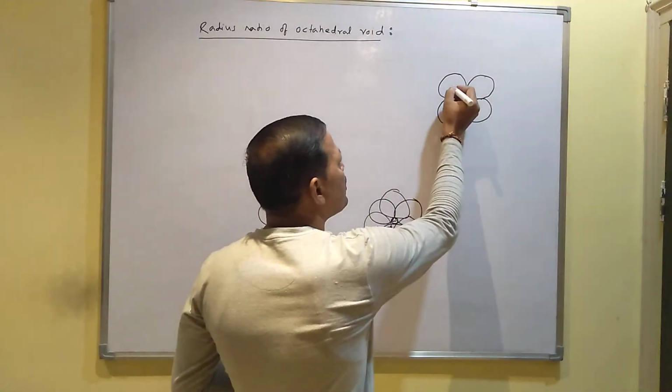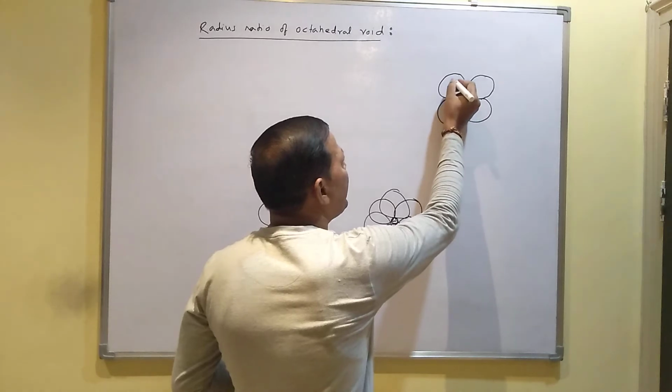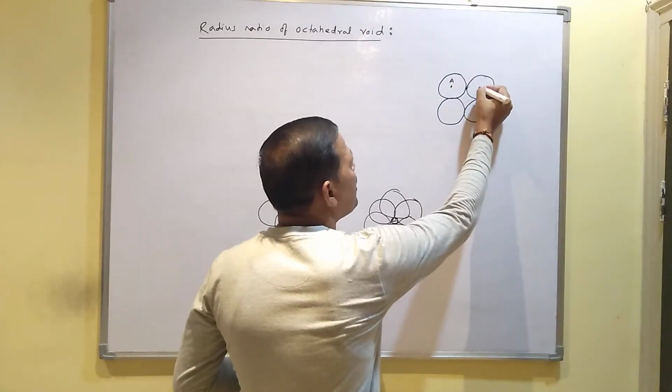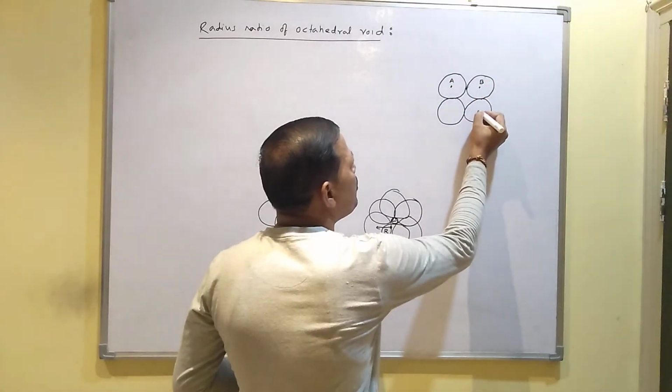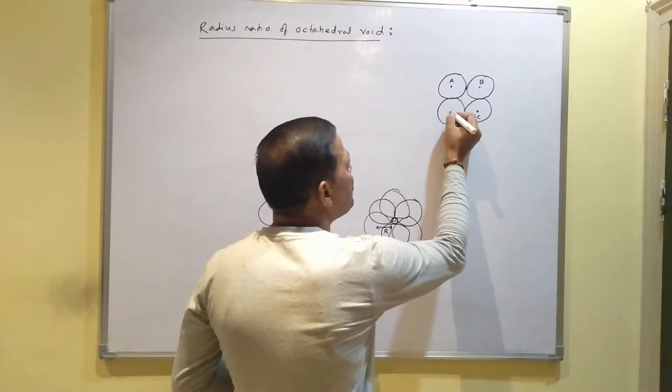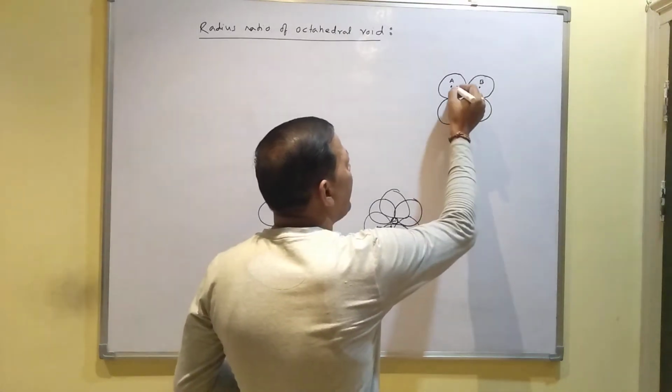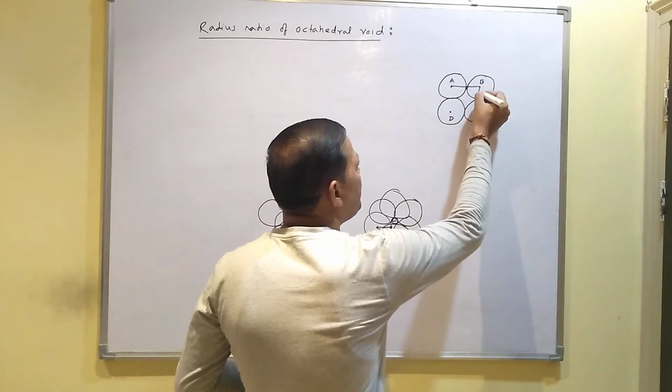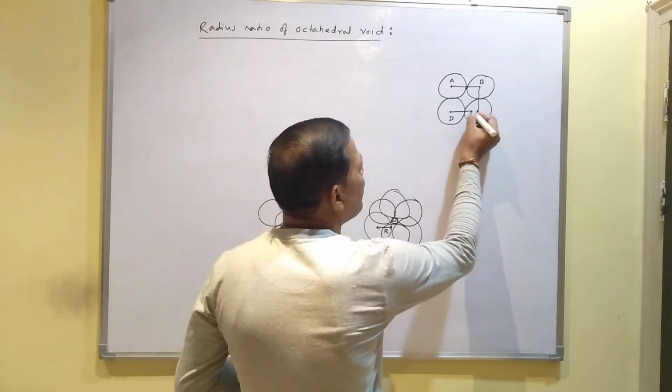Now suppose the center of this particle is A, the center of this particle is B, the center of this particle is C, the center of this particle is D, and I will combine A, B, C, D like this.